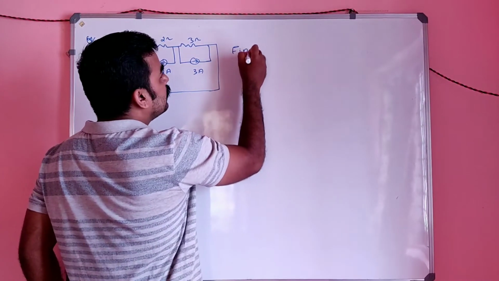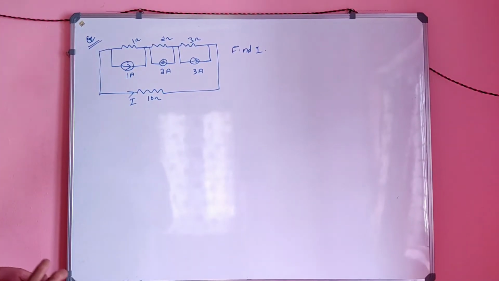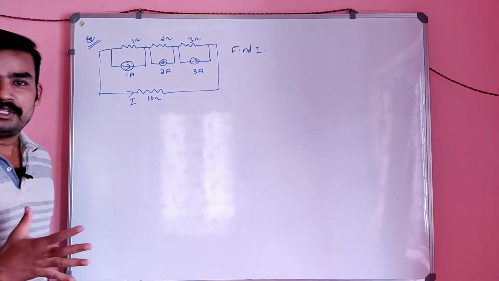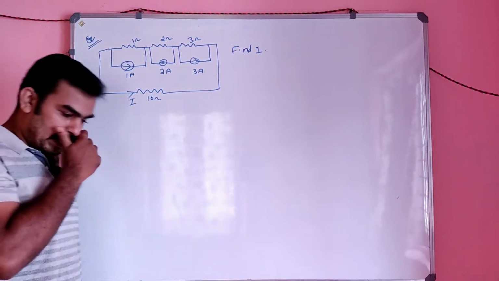Our question is simply to find I. Is the question clear to you? Find I, that means the current through the 10 ohm resistor.